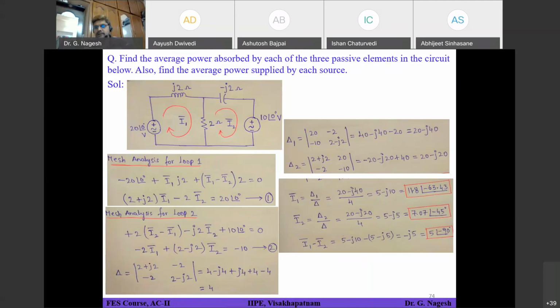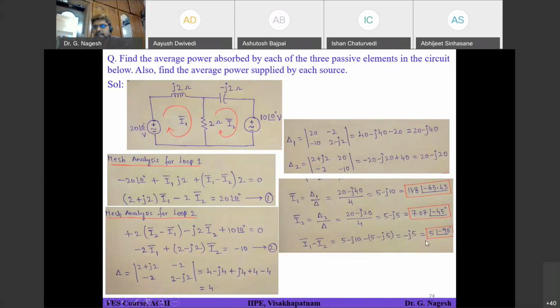So others, if your result is not matching with this, please check it one more time. Okay, so you should get I1 and I2 equal to these values. So what is the current flowing through this 2 ohm resistor? It should be I1 minus I2, which is given as 5 at an angle of minus 90 degrees.